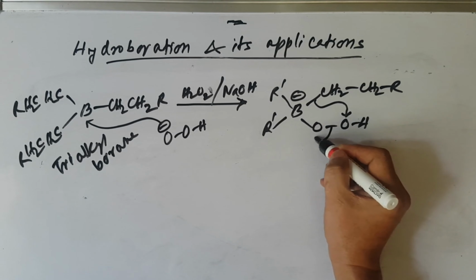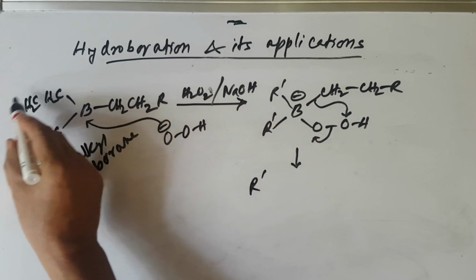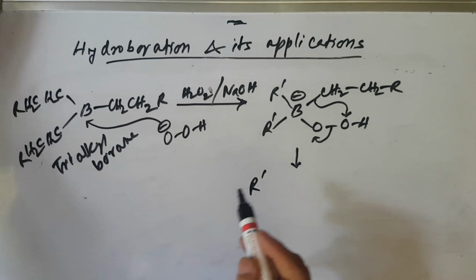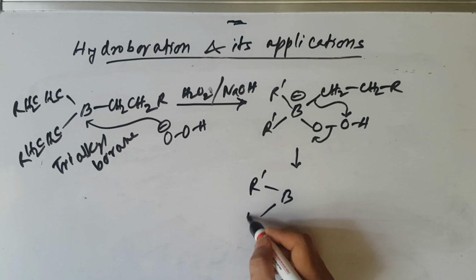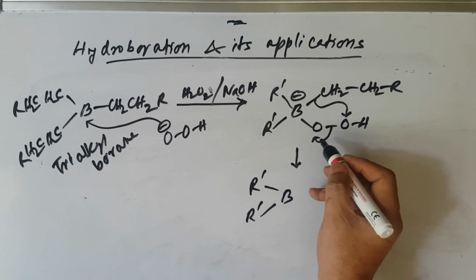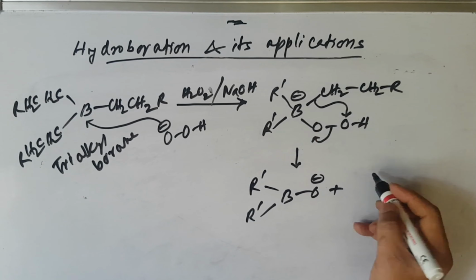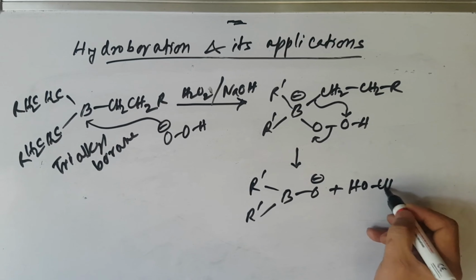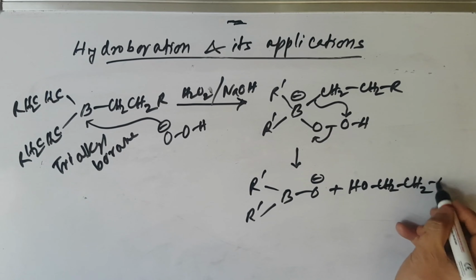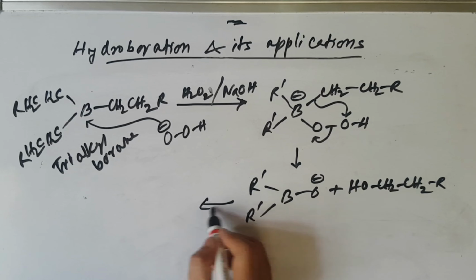So like this, you can have R prime. This R prime is all of these groups. The other one is this group. We have two R prime groups here. Now we have this O negative charge, which links up with this one, giving CH2R, so we got alcohol. Like this, if you use more hydrogen peroxide, the groups will be replaced, so it can undergo further reactions.